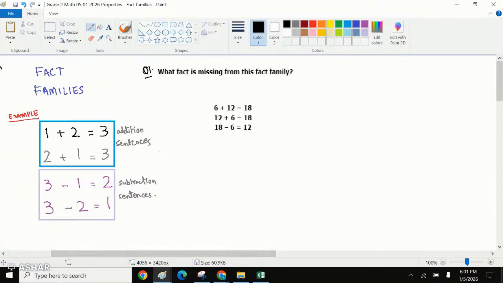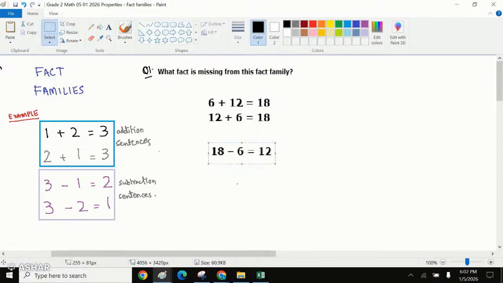Okay. So what we are given is 6 plus 12 was 18, right? And then 12 plus 6 would also be 18, right? So both the statements for the addition sentences are given to us.